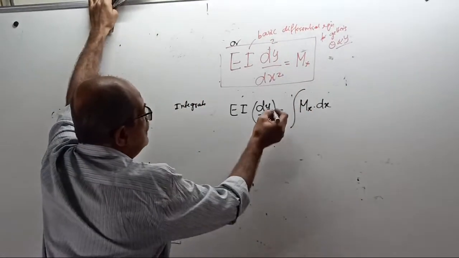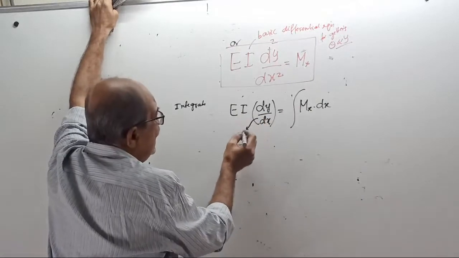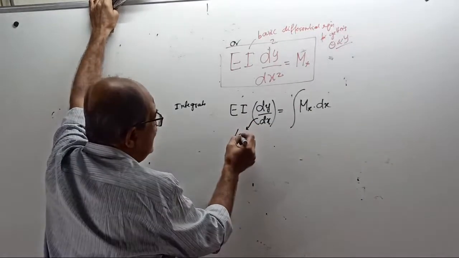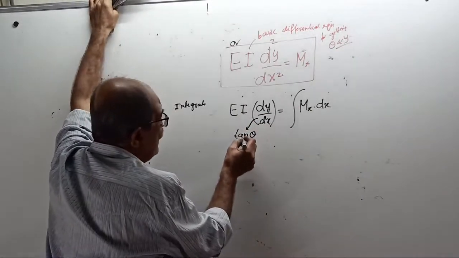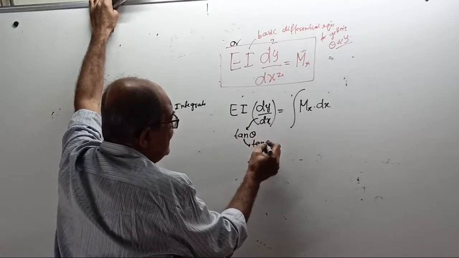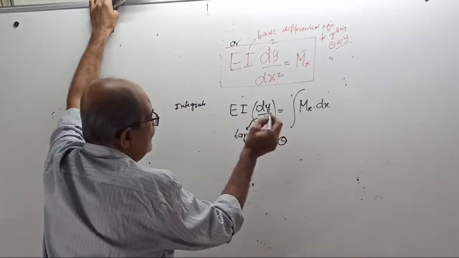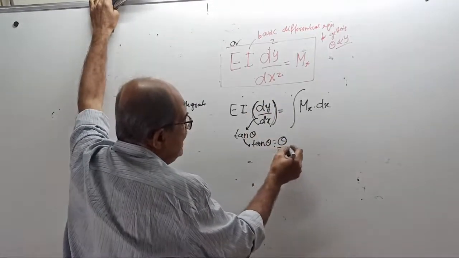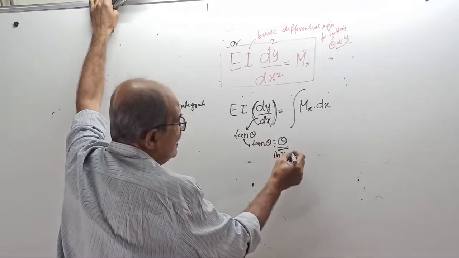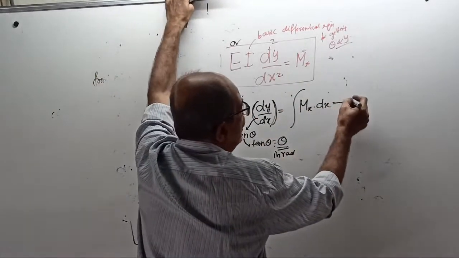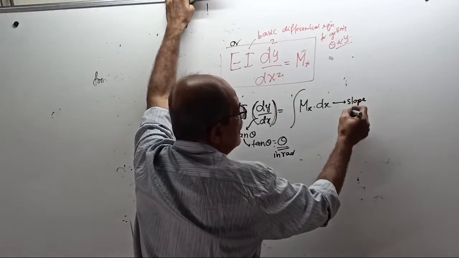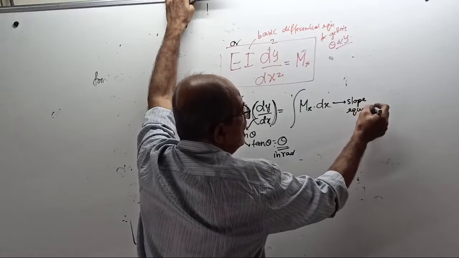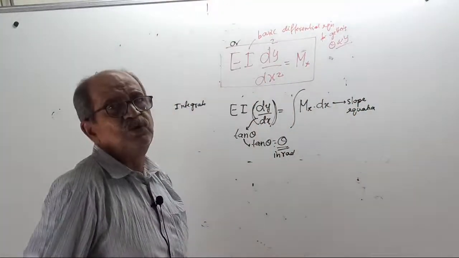Now, you know that dy/dx is tan theta. You also know that tan theta is approximately theta. Therefore, this term dy/dx is theta in radian. This is called the slope equation. Using this equation, you can find slope.